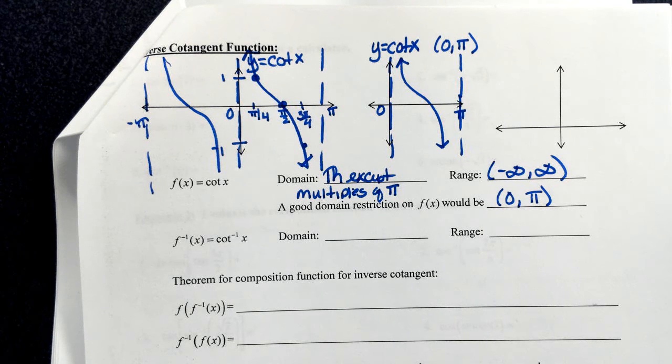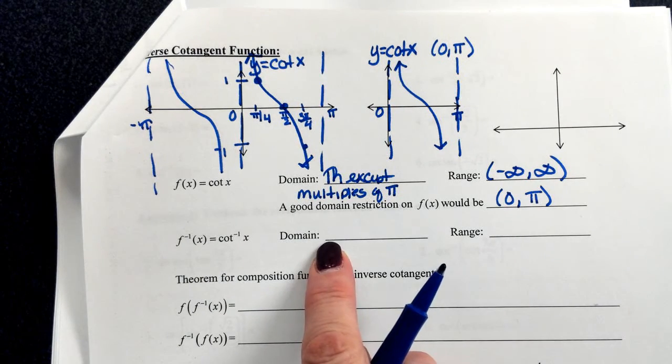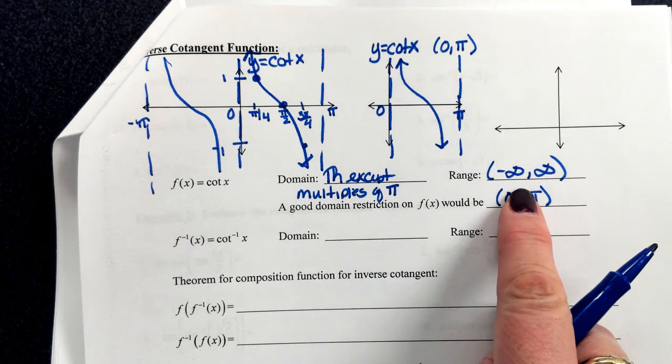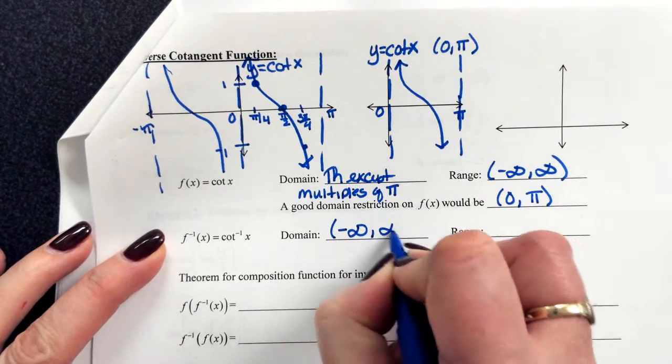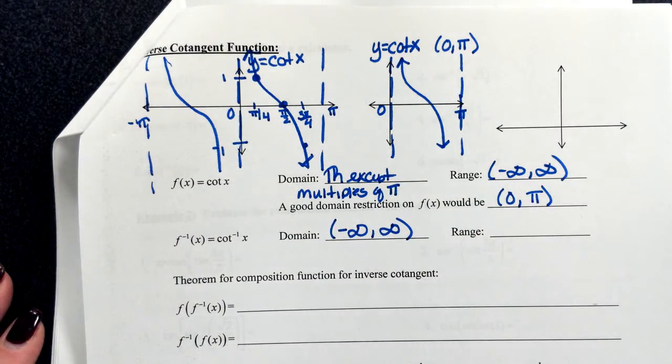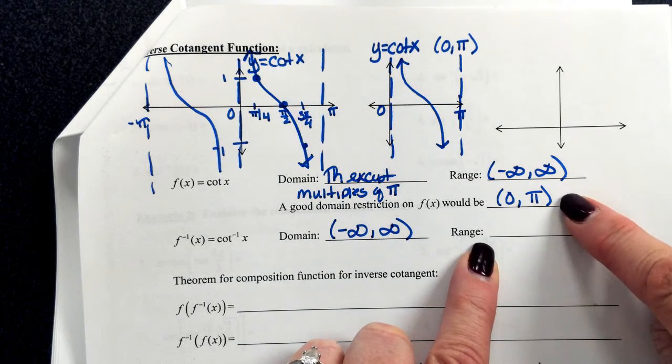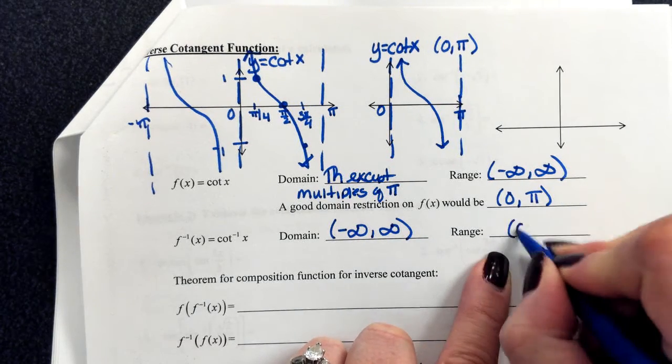Remember, domain and range switch for a function and its inverse. The domain of inverse cotangent is the same as the range for cotangent of x. The domain for inverse cotangent is all real numbers. The range is the same as your restricted domain going from 0 to pi.